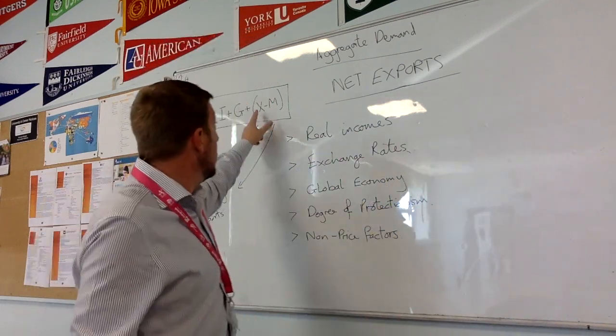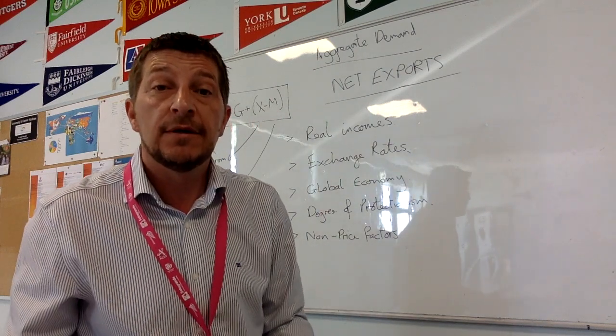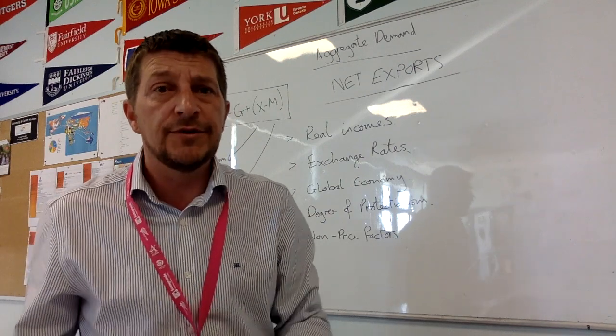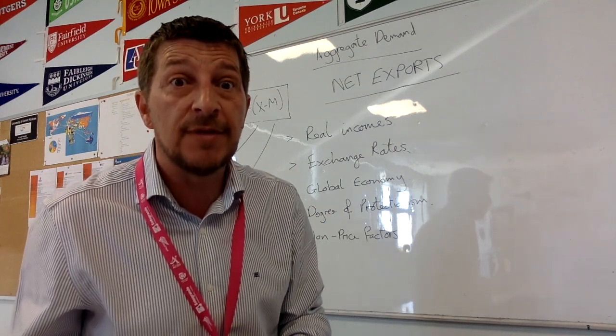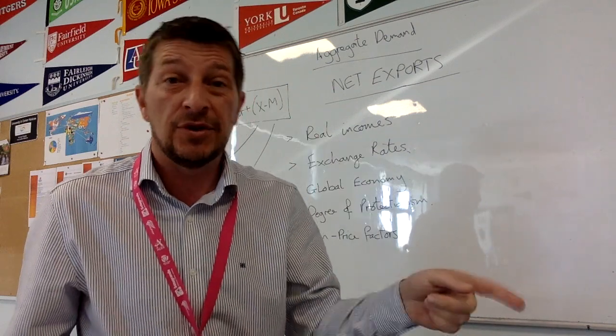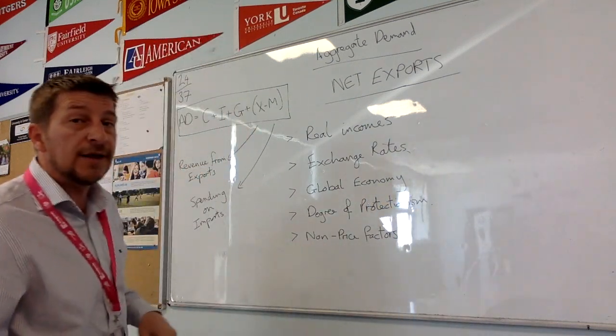So this figure here might be a negative figure in the UK economy. If there's a balance of trade deficit, we'll come on to that when we do something like balance of payments in a little while. In fact, you've already got a series on the balance of payments that you can refer back to and check if you're not certain.